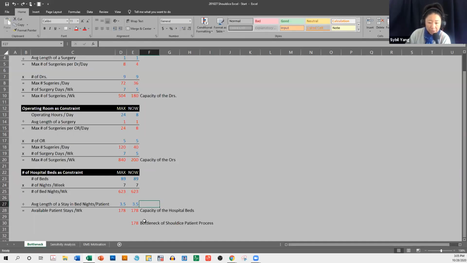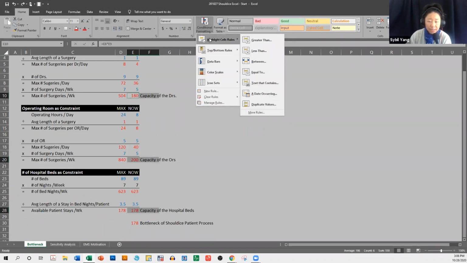We're going to do a little bit of formatting automation here. We want to automate these numbers to look different based on whether or not they represent the bottleneck. So I'm going to select these cells, hold down the control key, select these cells, and choose conditional formatting, highlight cell rule, equal to.